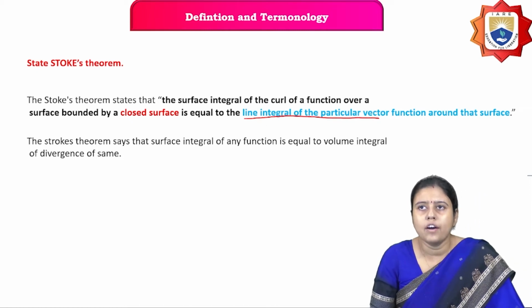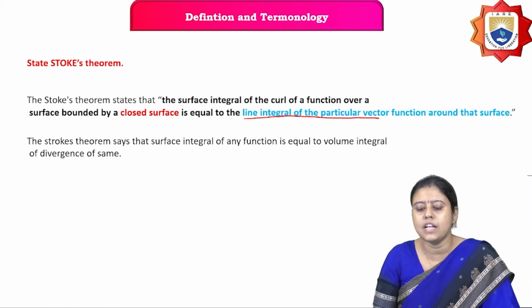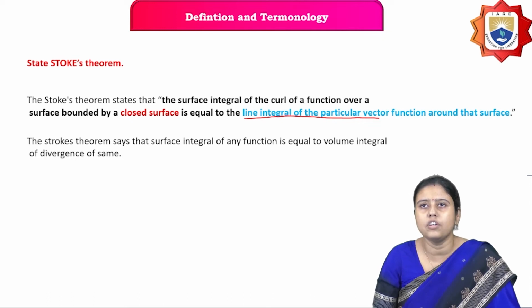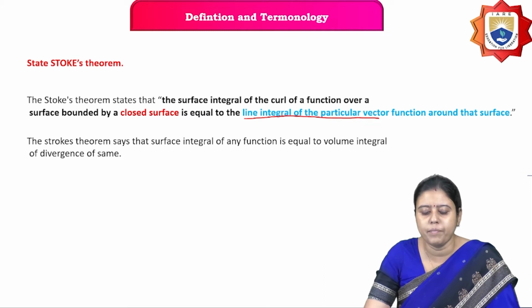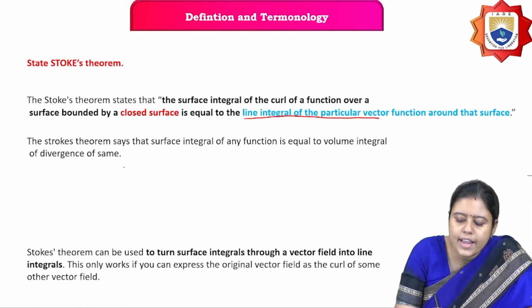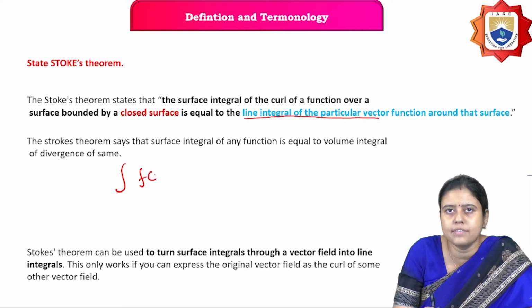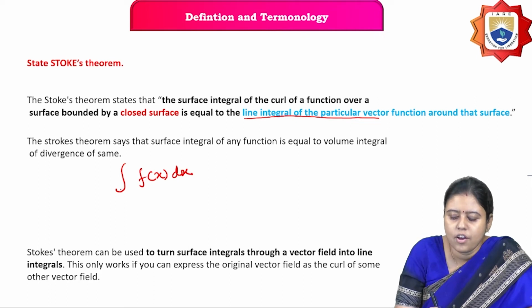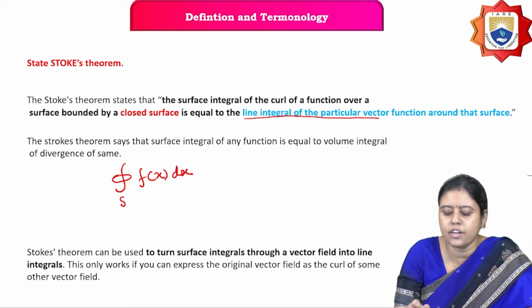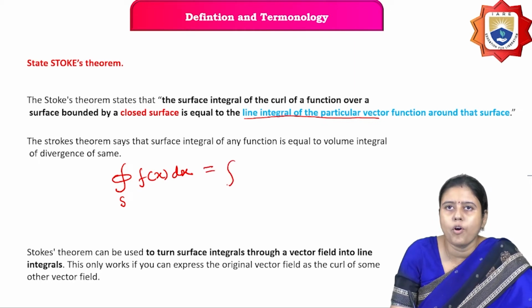Similarly, the divergence theorem says that the surface integral of a function over a closed surface is equal to the volume integral of the divergence of the same function. What does it mean? If we want to do the surface integration of f dS over a closed surface, it equals the volume integration of the divergence of f into dv.